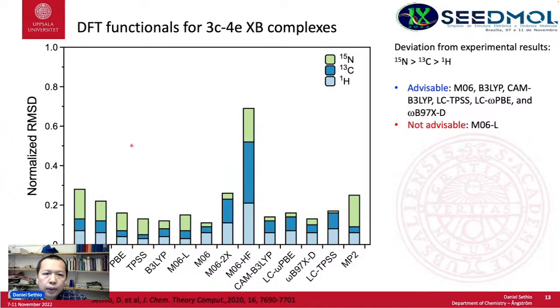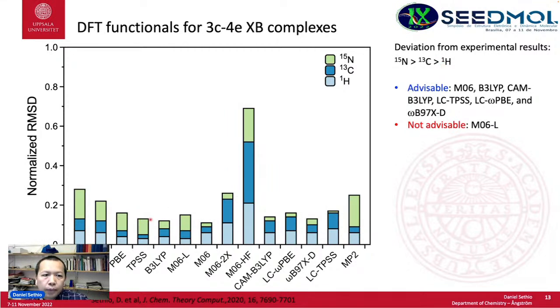This figure shows the normalized root mean square deviation from experimental NMR chemical shifts for proton, carbon, and nitrogen atoms. As we can see here, the nitrogens have the largest deviation from the experimental chemical shift, followed by carbon and proton.